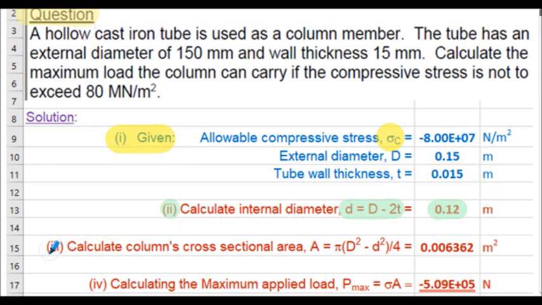My step 3, calculated the cross-sectional area, and again I've stated the formula I'm using. The spreadsheet has calculated the area for me. And step 4, I'm calculating the maximum load. Again, showing the formula for Pmax, stress times the area. Again, the spreadsheet calculates the final load or force here.